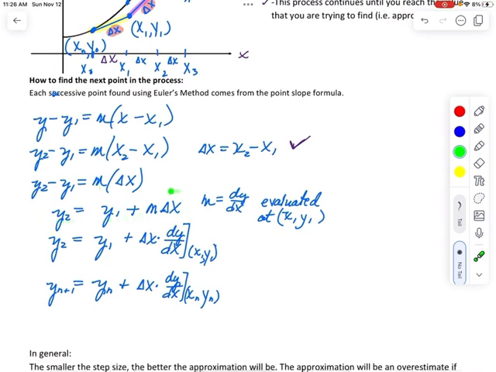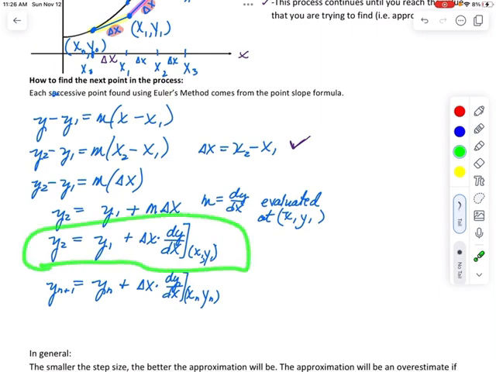So now I have y sub 2 is equal to y sub 1 plus m times delta x. And we have to evaluate dy dx at the point x sub 1, y sub 1. Sometimes you only have an x, or sometimes you only have a y. So now we have y sub 2 is equal to y sub 1 plus delta x times dy dx evaluated at x1, y1.